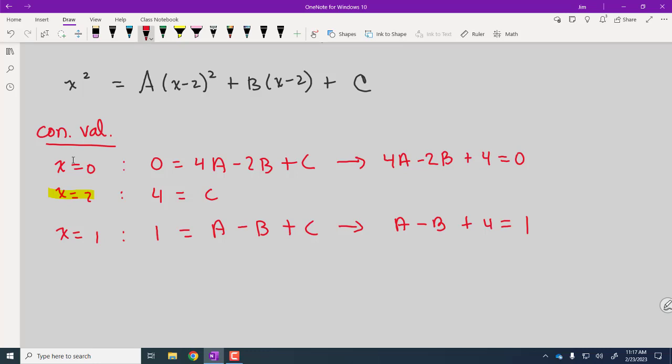And the natural thing to do would be to put the constants on the right. So I'm just going to do that. I'm going to put the constants on the right. I'm going to subtract 4 to the right of this one, subtract 4 to the right of this one. So these are going to be the equations that I end up with.